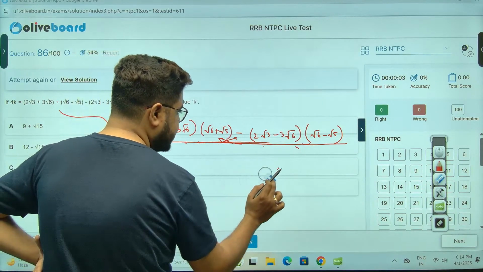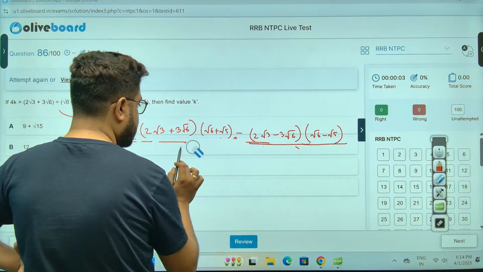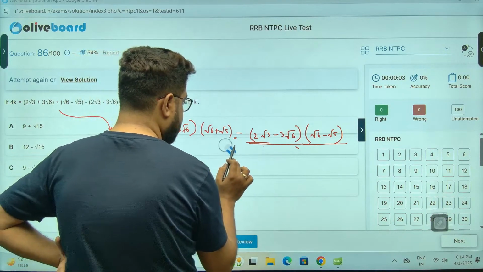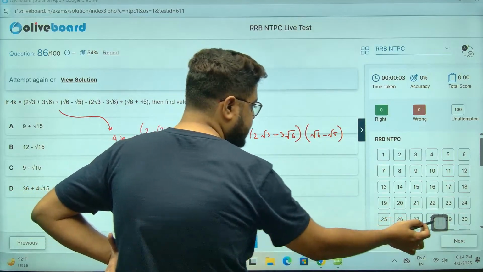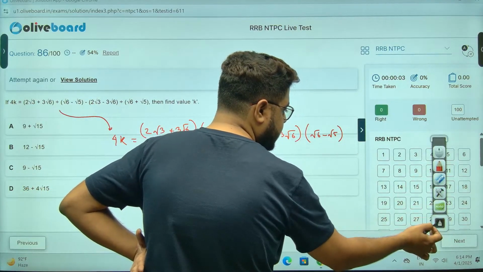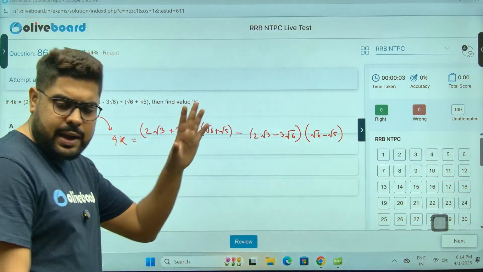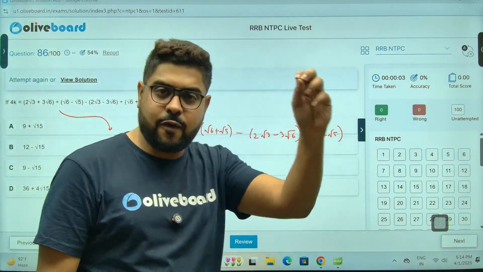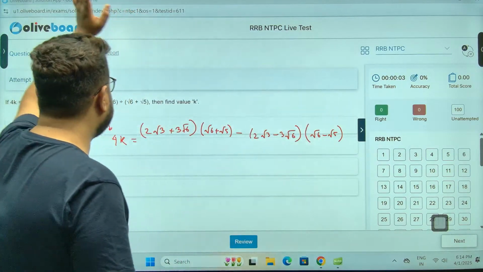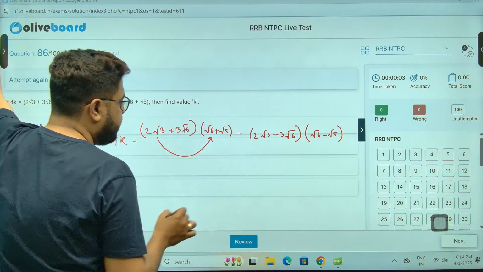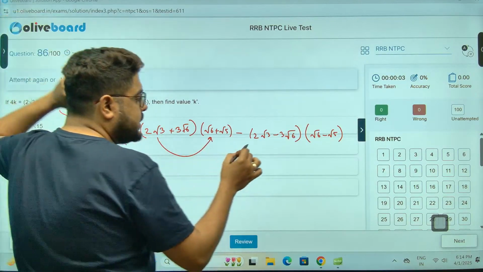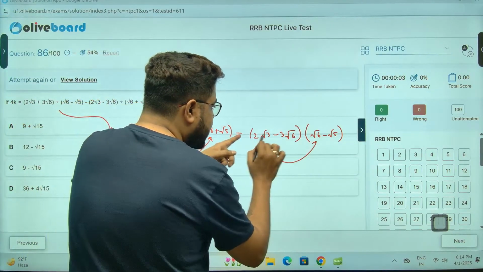Ultimately, we are having this. Now think a little bit, everyone. Think for just 1 second. This into this, and this into this, plus into plus.